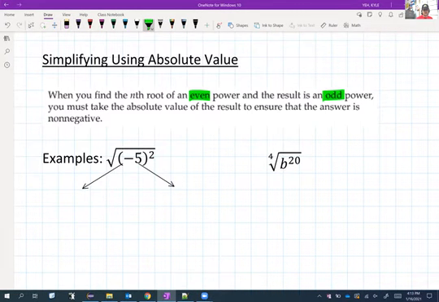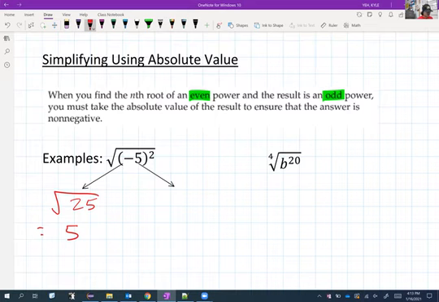And I'm going to try to demonstrate this with those 2 arrows by solving this first example 2 different ways. So, square root of -5 squared. Now, there are some of you out there that might say, oh, well, this doesn't look that hard. -5 squared, I should probably do that exponent first. So -5 squared is positive 25. And I know that the square root of 25 is 5.